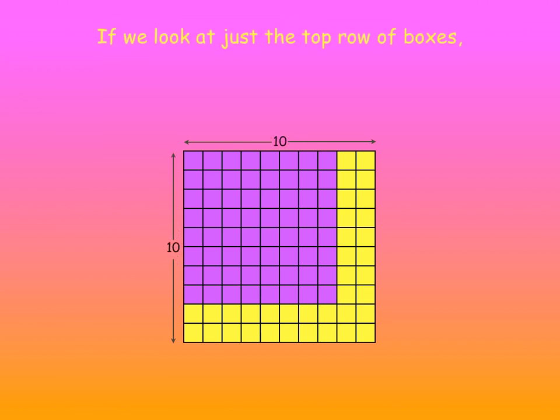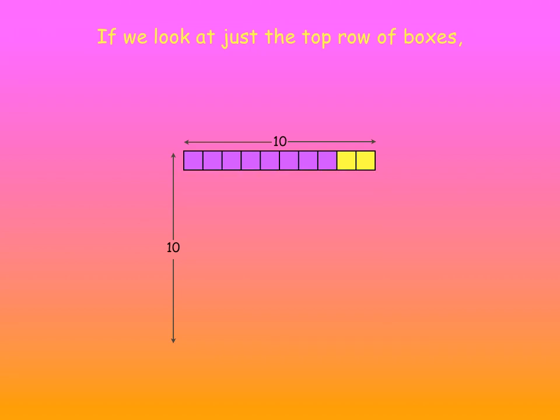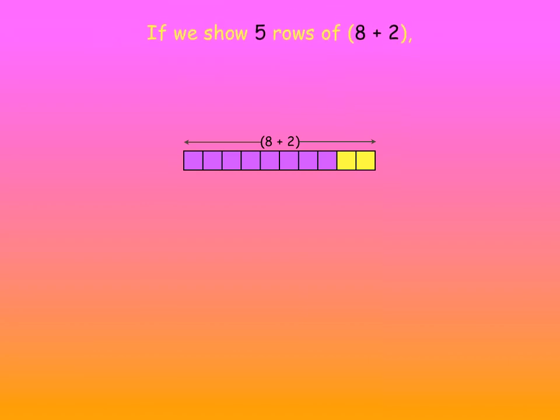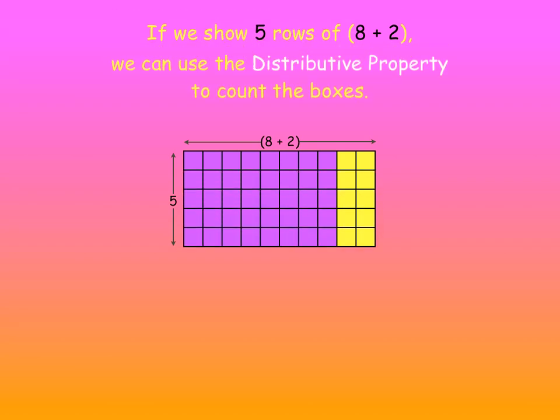If we look at just the top row of boxes, we see a picture of 8 plus 2. If we show, let's say, 5 rows of 8 plus 2, we can use the distributive property to count the boxes. So we'll do 5 times 8 plus 2.